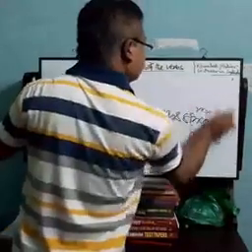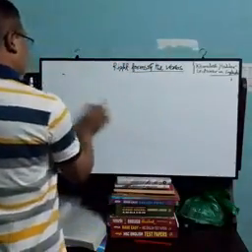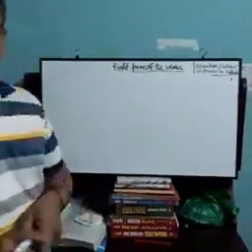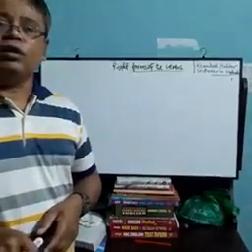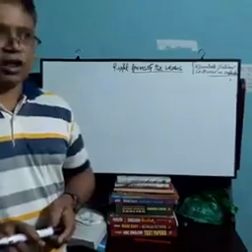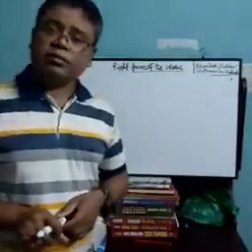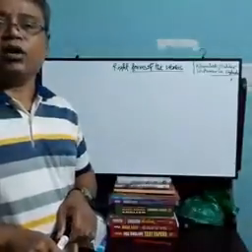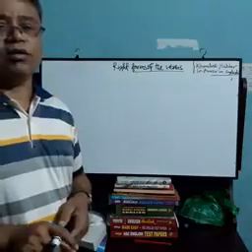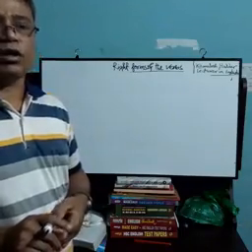Next, in a complex sentence, we know there is only one principal clause and one or more subordinate clauses. But in a simple sentence, we find only one clause, the principal clause.